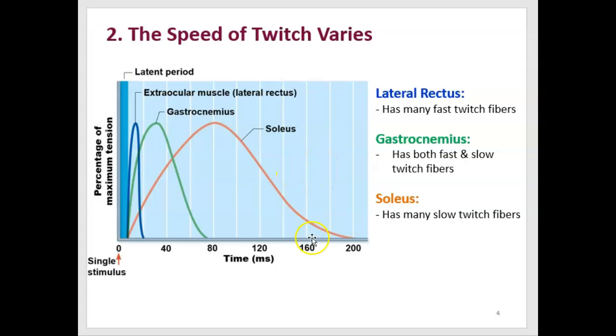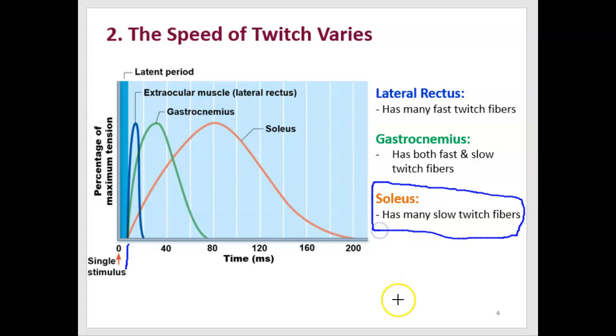So let's look at the speed of twitch and how it varies. Some muscle fibers or muscle cells are considered fast twitch because after a stimulation they reach maximal muscle tension quickly. Others are called slow twitch fibers, like those in the soleus muscle.